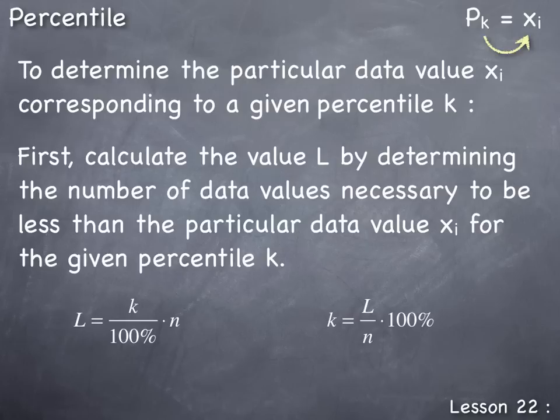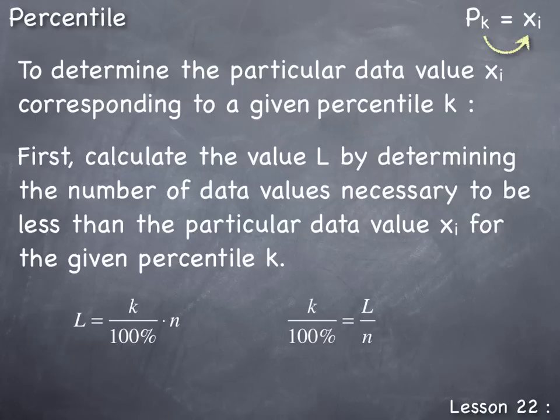For example, instead of multiplying by the 100%, we do the inverse and divide by 100%. To keep everything equal in the equation, we must do the same thing to both sides of the equation. So the 100% divided by 100% is 1, and now we're just left with L divided by n.